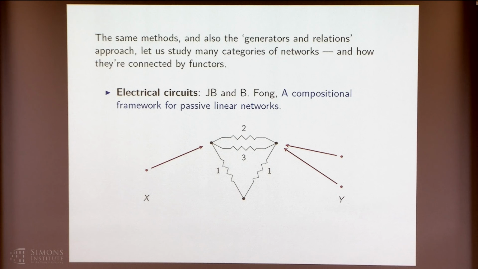Everyone who cares about electrical engineering understands circuits made of resistors, but what we're focusing on here is the fact that we could have inputs and outputs and that we could compose and tensor these. So we get a symmetric monoidal category of circuits made of resistors, and then more generally of other kinds of circuit elements. In this paper we're focusing on passive linear circuit elements, so we have things like inductors and capacitors as well.